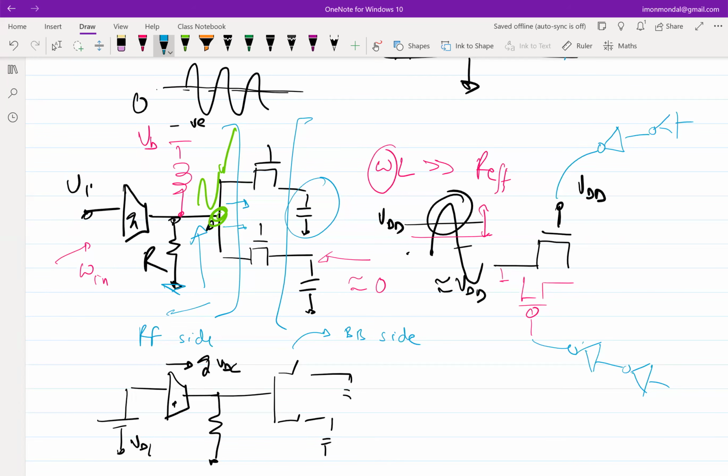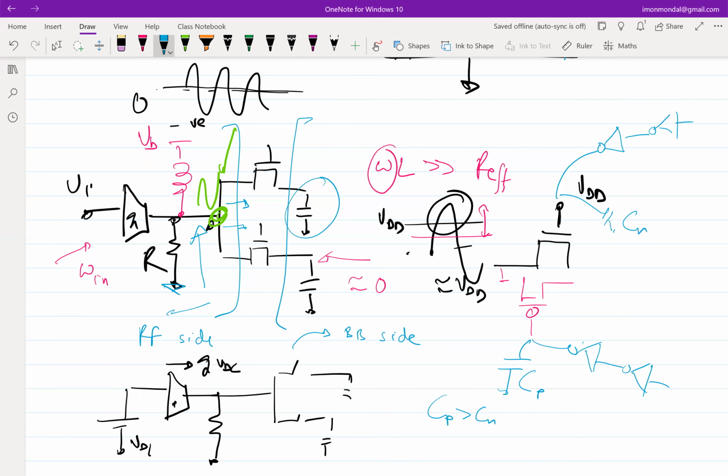Now, you must have done 619 or you are doing 619. What is the implication on these inverters if the capacitance here is higher than the capacitance there? Let's say this is Cp, this is Cn, and I say Cp is greater than Cn. What implication does it have on the sizing of the inverters?